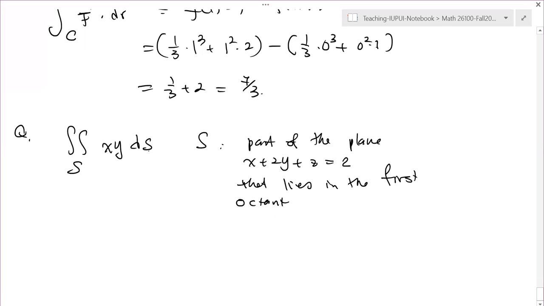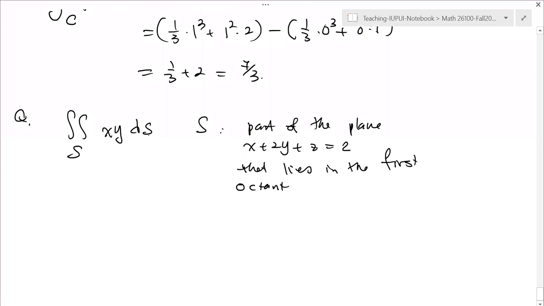Okay, so this is a triangle. Just simply say the triangle passing through the 3 points. Okay, so when y is 0, that's going to be 2, right? And this would be 1. And this would be 2. So this is a triangle, okay? So that is a surface.